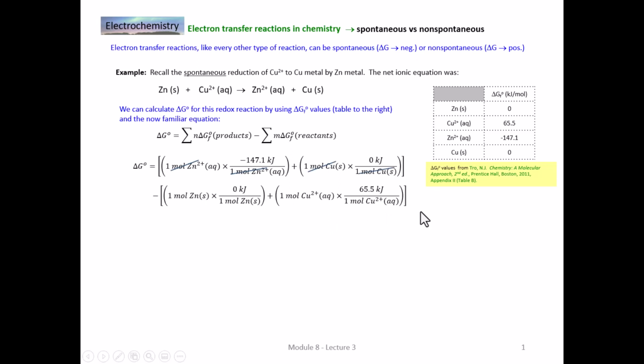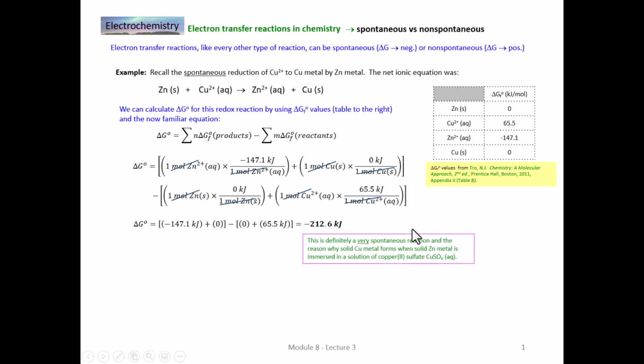We cancel out the appropriate units, and we end up with a standard delta G of minus 212.6 kilojoules. This is a very spontaneous reaction, as evidenced by the fact that the reaction goes by itself, which you saw in the pictures in the previous lectures, but also it has a very large and negative delta G value.